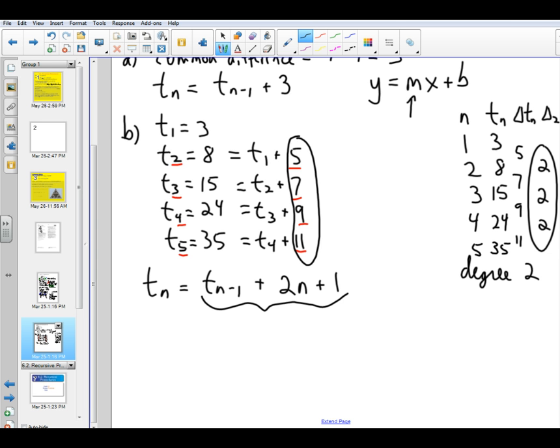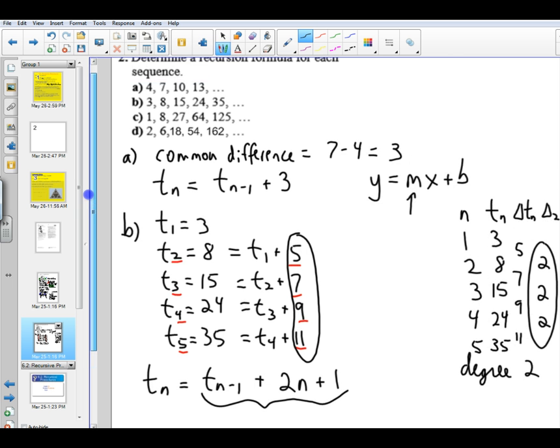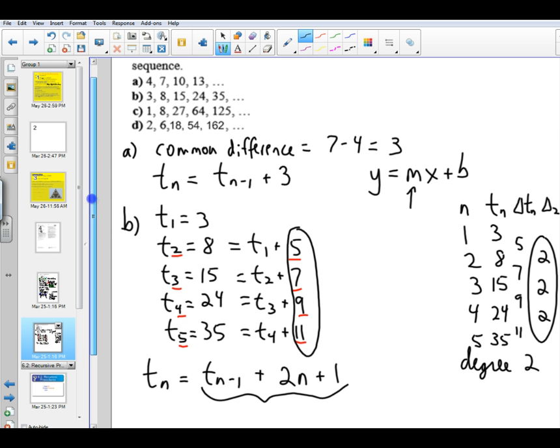I'm going to have you go to part C here, and we're going to try to work out this one and give you a chance to try to set up a similar type of model for the relationship between a term and a previous term as I try to show here.